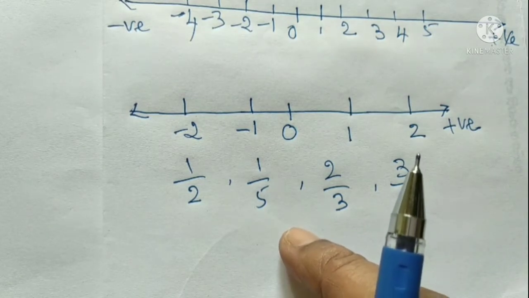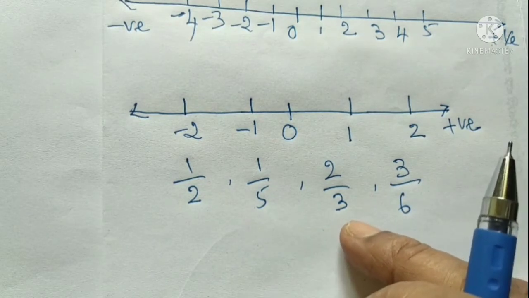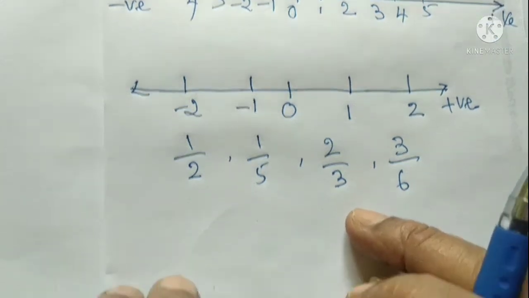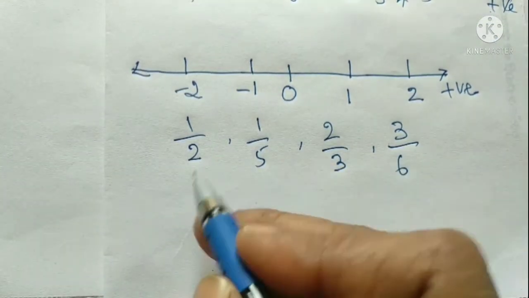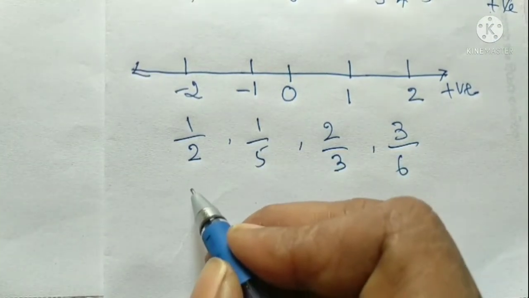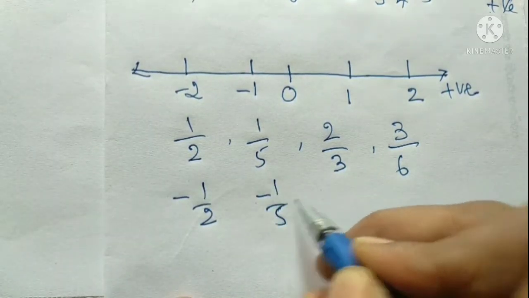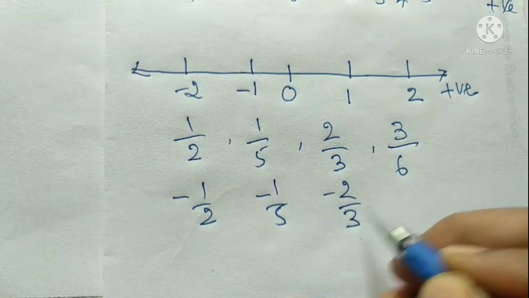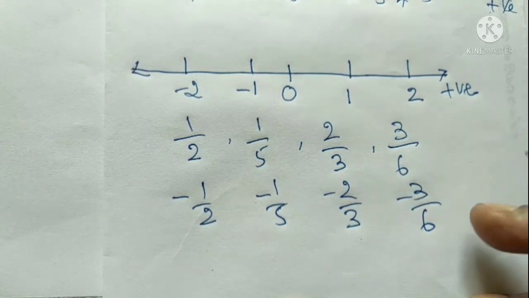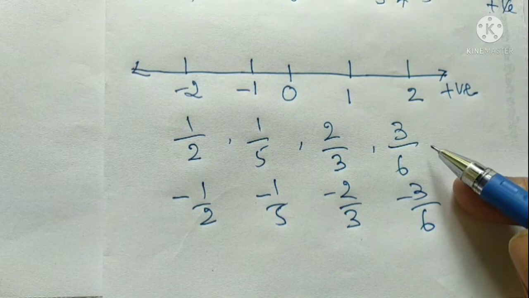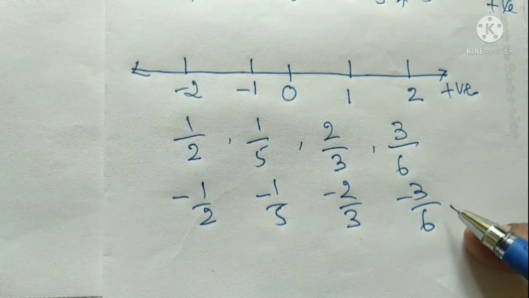You know very well that these are called fractions, and these are positive fractions. And if you consider the negative fractions also, -1 by 2, -1 by 5, -2 by 3, -3 by 6 and so on. So positive fractions and negative fractions are also there.